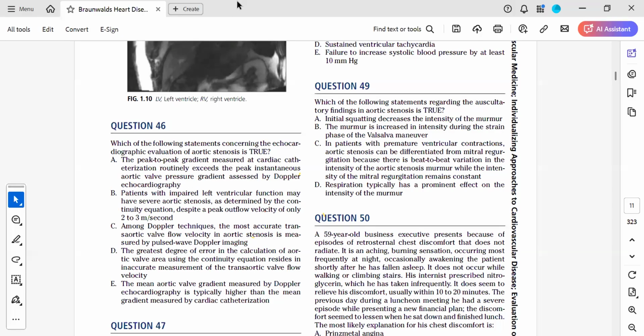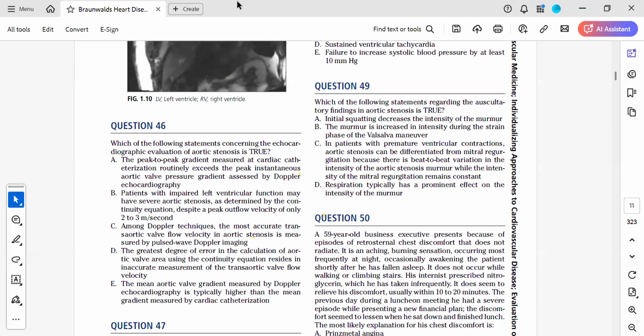Option B: patients with impaired left ventricular function may have severe aortic stenosis, as determined by the continuity equation, despite a peak outflow velocity of only 2 to 3 meters per second. So that is true. That is what we call low flow, low gradient. The area might be less than 1, and the flow across might actually be lower than expected. So option B is correct.